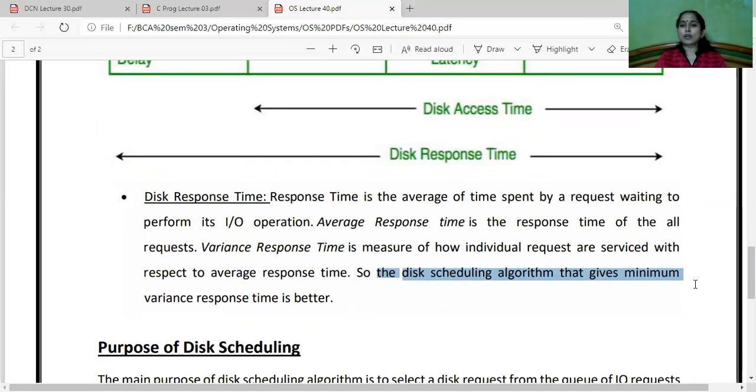So the disk scheduling algorithm that gives minimum variance response time is considered to be better.